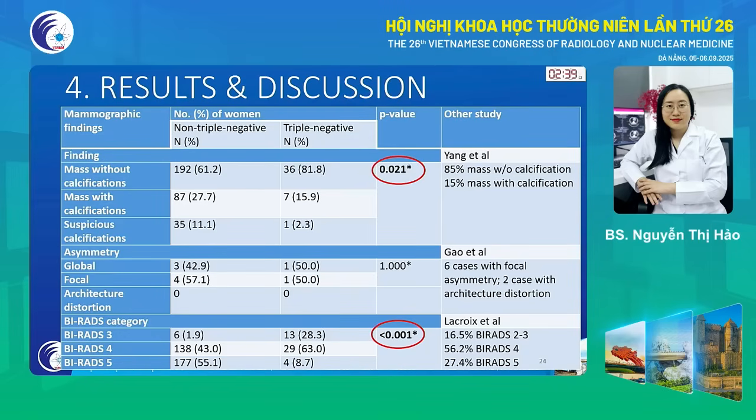This finding also has a statistical difference between the two groups, while other studies, such as Young et al., show that 85% mass without calcification was the finding of triple-negative cancer. About the BI-RADS category, about 28.3% of triple-negative breast cancer in our study was BI-RADS 3, while it's only almost 2% in non-triple-negative. This category also has a statistical difference.